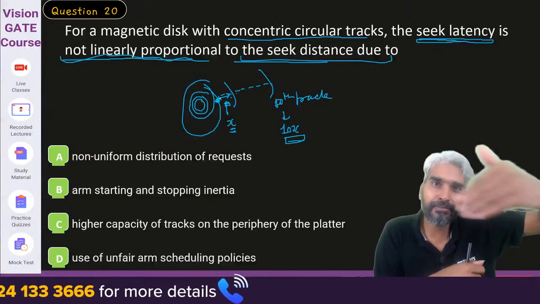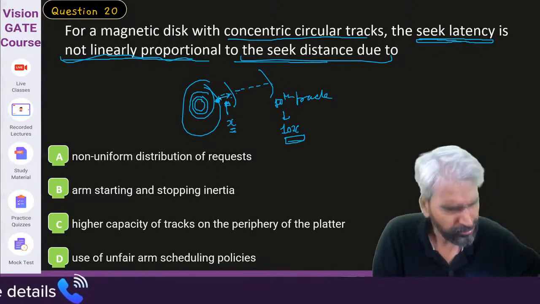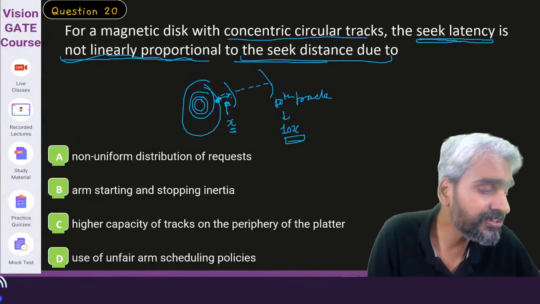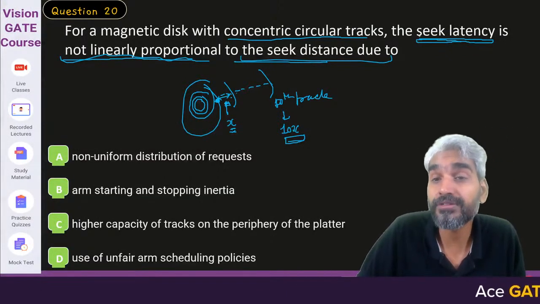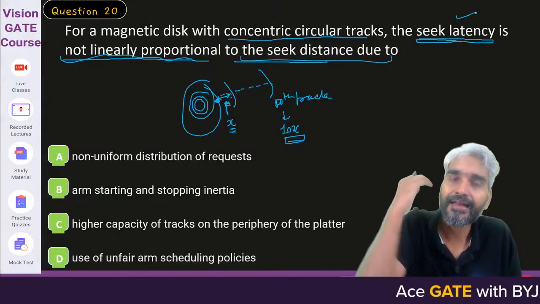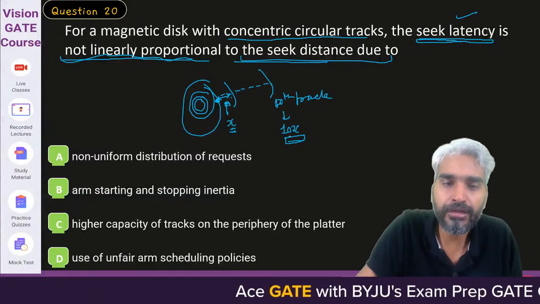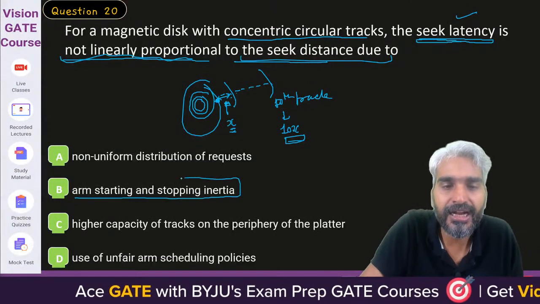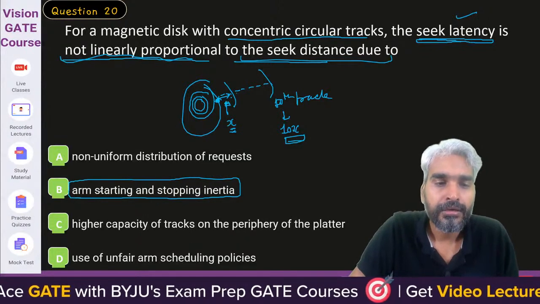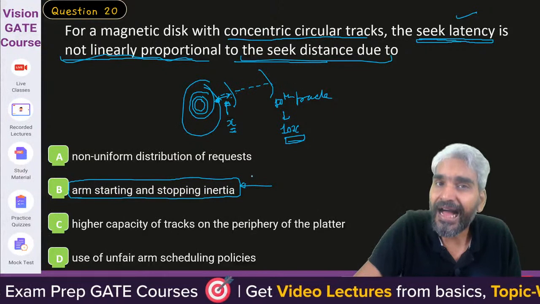Once it has started moving, you don't need to do anything else. But once you need to stop it, again you need to provide some extra force. Getting the idea? That is because of the arm's starting and stopping inertia. You need to change the moment of inertia of the arm.